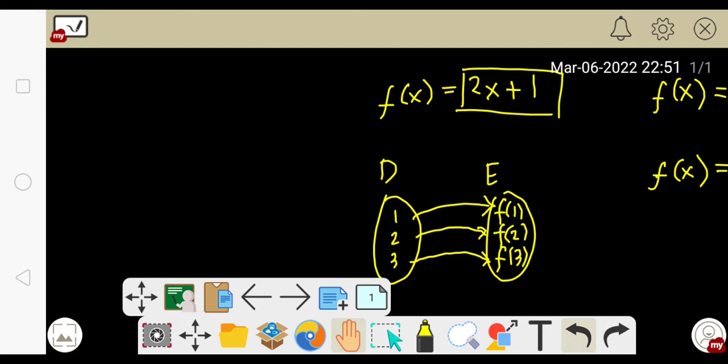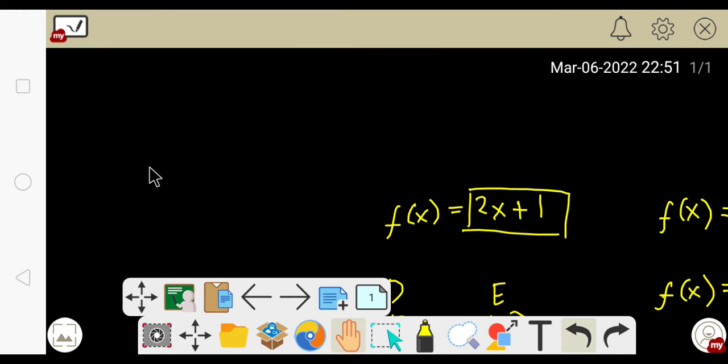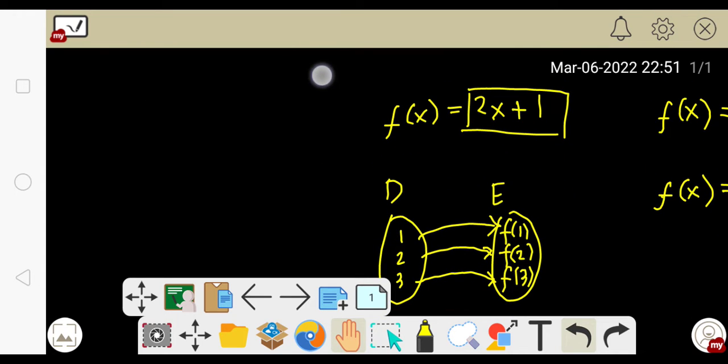We can also identify if an expression is a function or not through the vertical line test. Whenever a function is given through graphs, let's say we have this graph.